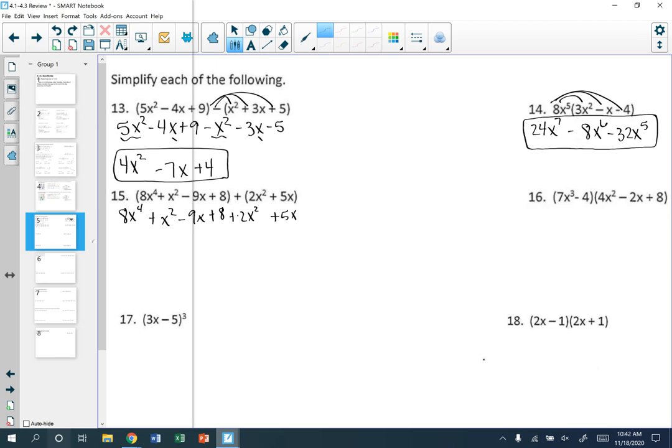And again, just combining our like terms, we have 8x to the 4th and nothing to combine that with. So we have 8x to the 4th. Now we look at our x squareds. It gives me 3x squared, -9x and 5x gives me -4x, and then plus 8.